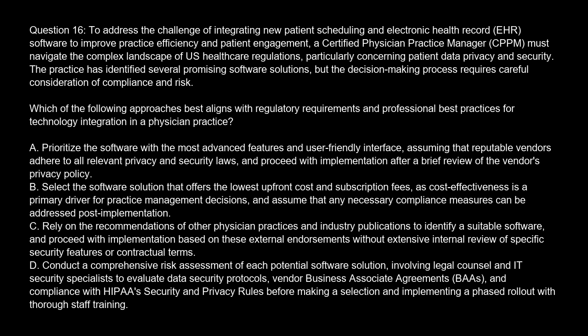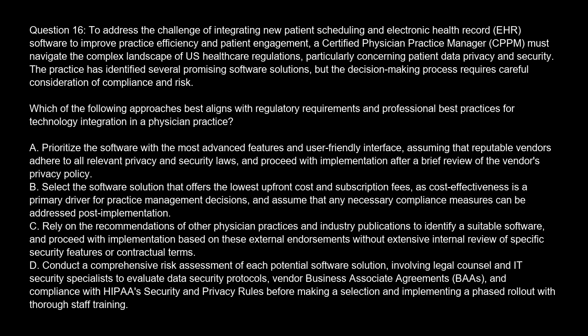Option A. Prioritize the software with the most advanced features and user-friendly interface, assuming that reputable vendors adhere to all relevant privacy and security laws, and proceed with implementation after a brief review of the vendor's privacy policy. Option B. Select the software solution that offers the lowest upfront cost and subscription fees, as cost-effectiveness is a primary driver for practice management decisions, and assume that any necessary compliance measures can be addressed post-implementation.